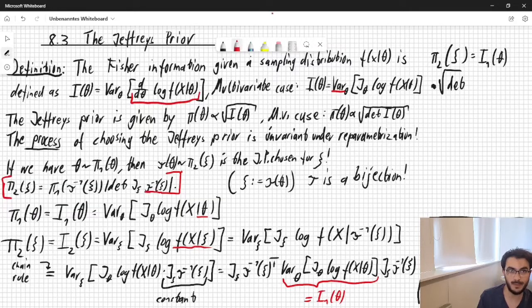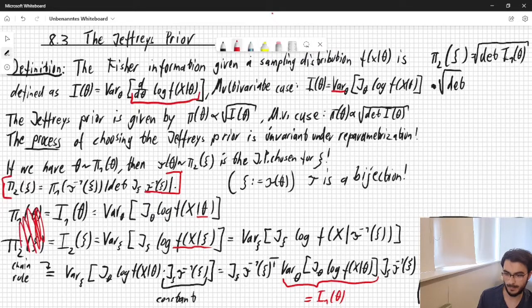Actually we have the absolute value of the determinant, but this is the same as the square root of the determinant of the variance. Sorry, I should rewrite this. So this is actually the square root of the determinant of I1.